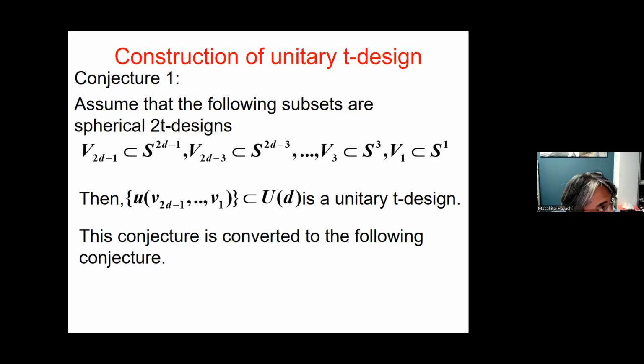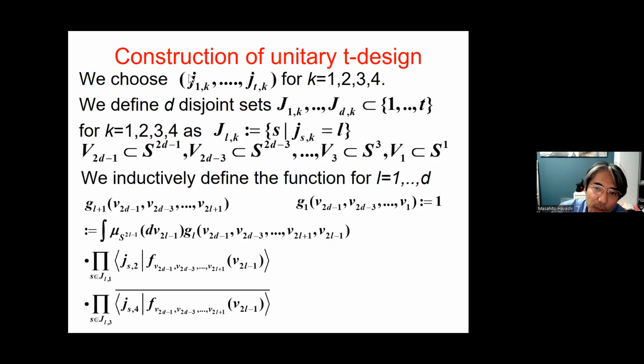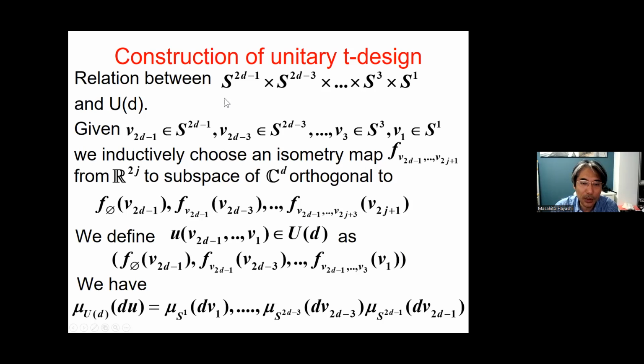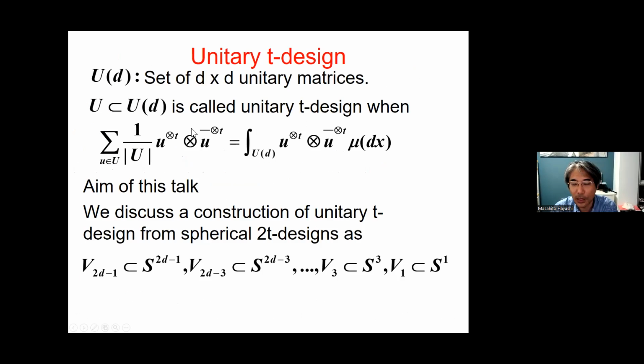So this is a very useful construction for unitary designs. To prove this conjecture, we need to consider some very complicated mathematics. To discuss that issue, you need to choose some sequence of indices first. K is some index 1, 2, 3, 4, and depending on K, you need to choose a sequence J_1 to J_T. So we need to choose four integer sequences J_1 to J_T. Because please remember that in the case of unitary design, we need to consider the matrix element of this.